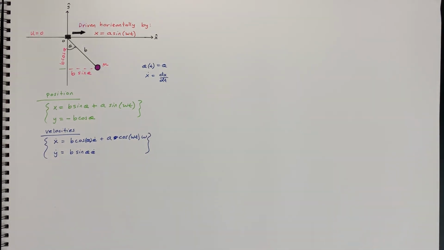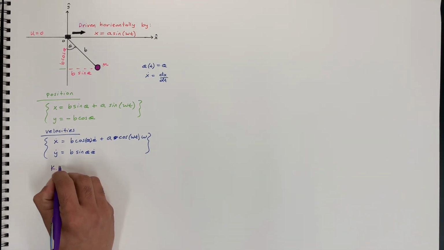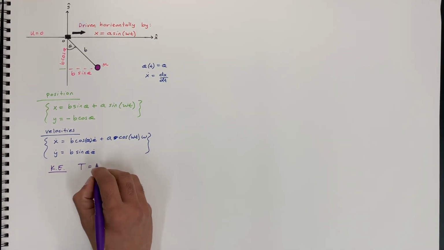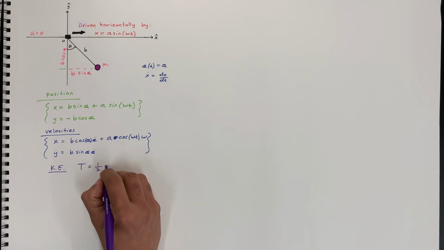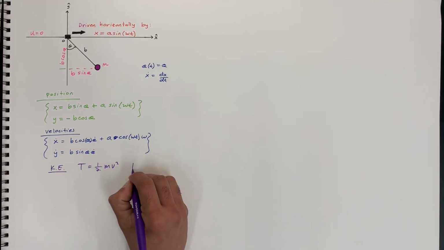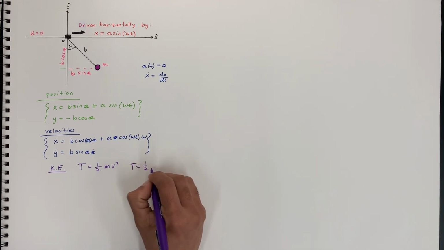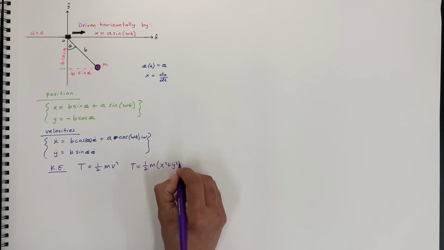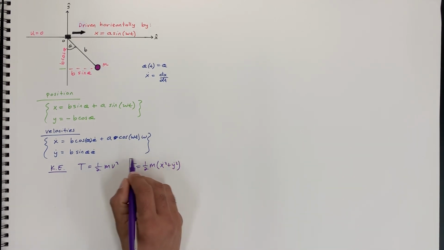All right, perfect. Now let's take a look at the kinetic energy of the system. Kinetic energy is represented by T, which is equal to 1/2 m v squared. The velocity can be represented as x dot squared plus y dot squared.